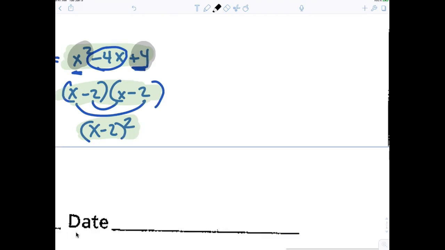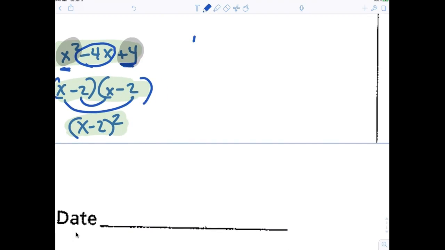All right, so let me give you another example. Let's say 4x squared plus 20x plus 25.